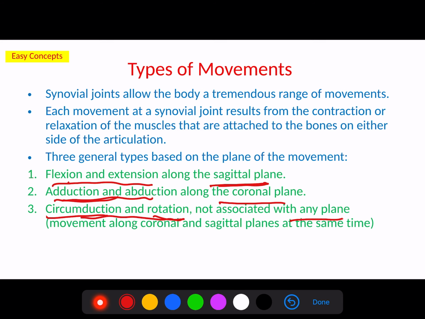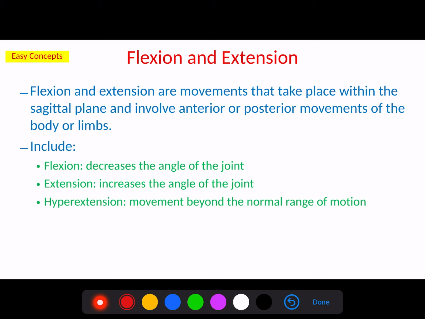The circumduction and rotation are not associated with any plane. For flexion extension, usually flexion will decrease the angle of the joint, extension increases the angle of the joint. This is if the movement is happening toward the anterior.